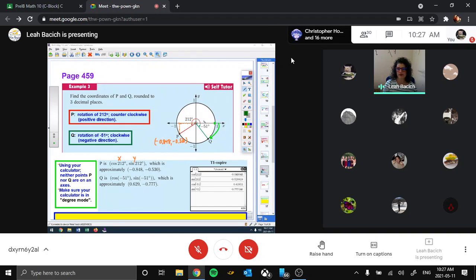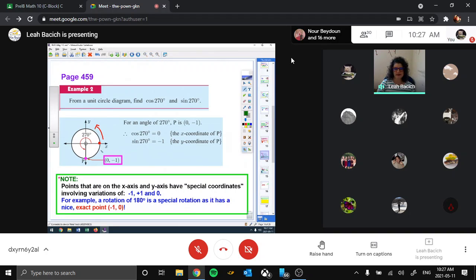So to get to this point, I have to go over and down. So 0.629, that's positive because I'm going to the right, and then I'm going down below the axis. -0.777.